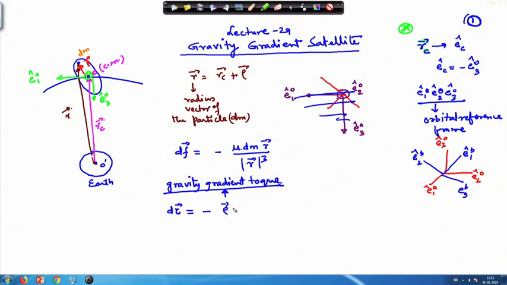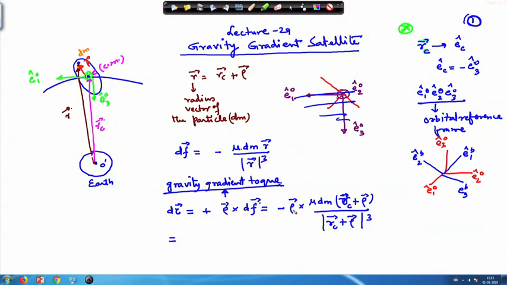This will be rho cross d f, and therefore the minus sign will come here: rho cross d f equals mu d m times r, where r we can write as r c plus rho, divided by the magnitude of r c plus rho whole cube.